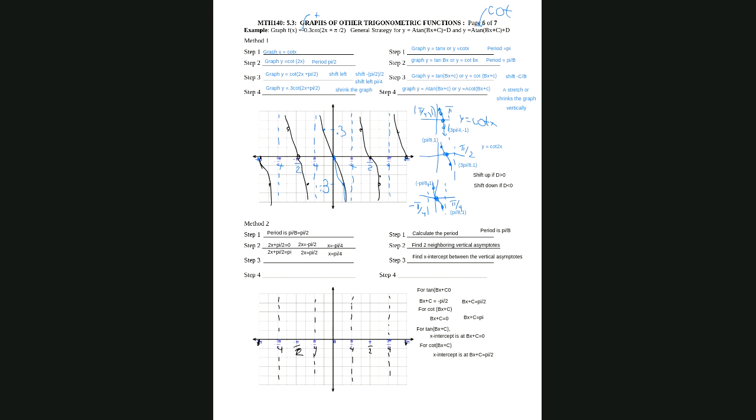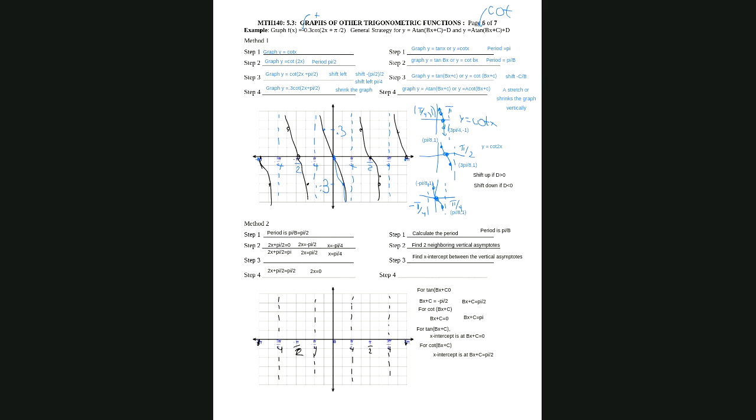Okay, so we're going to go back and figure out what our x-intercept is, and we're working with the cotangent function, and so we're going to set bx plus c equal to pi over 2. And so that's 2x plus pi over 2 equals pi over 2. And the first thing we'll do is subtract pi over 2 from both sides. So we get 2x equals 0.